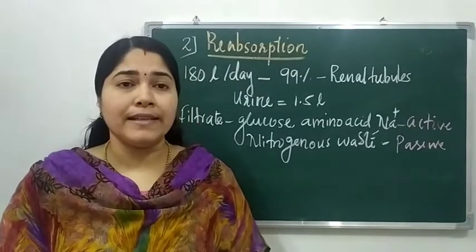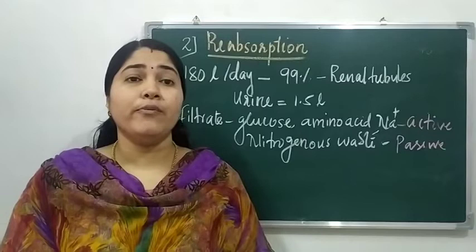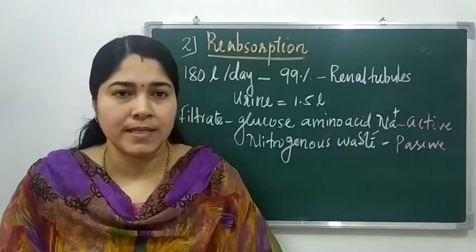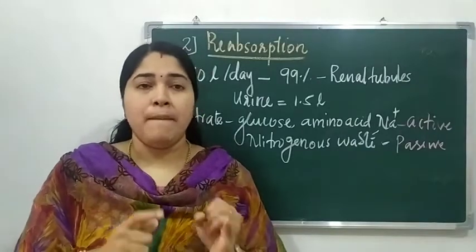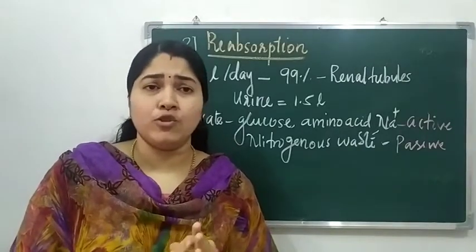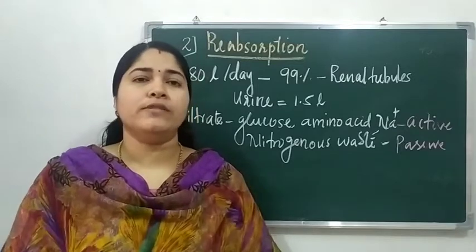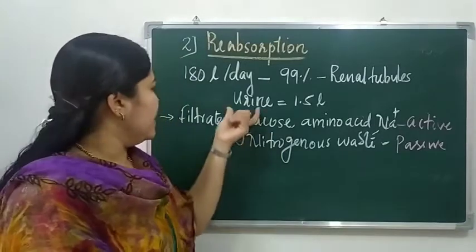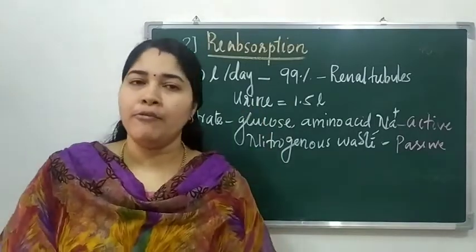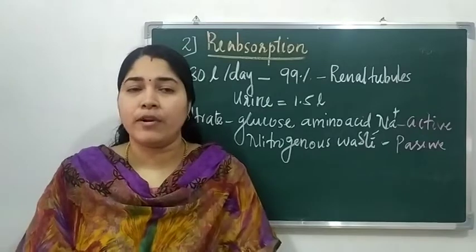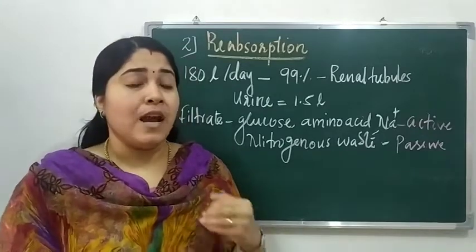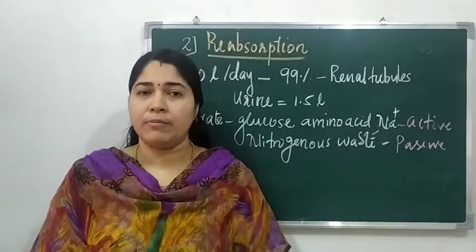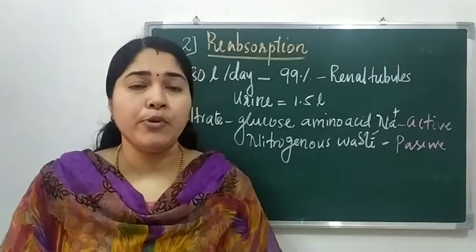From that filtrate, 99% is reabsorbed by our renal tubules, that is, the PCT, DCT, Henle's loop, and collecting duct, all of them together. Only 1.5 liters of urine is excreted out from our body. I hope you can understand. From the 180 liters, only 1.5 liters is excreted out, in the form of urine.